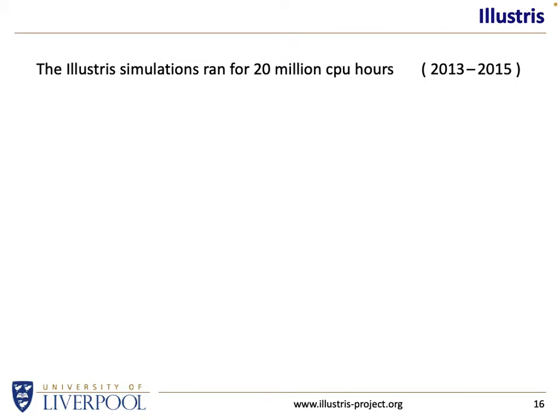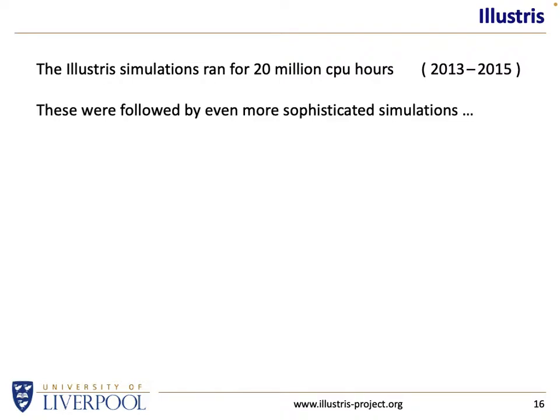The Illustris simulations ran for about 20 million CPU hours, in other words, 20 million computer hours, if you like, over a period of a few years. Having done those simulations, the people who wrote the code, the people who ran the simulations, realized that they could do a better job, so they decided to rewrite the code and produced a more sophisticated simulation.